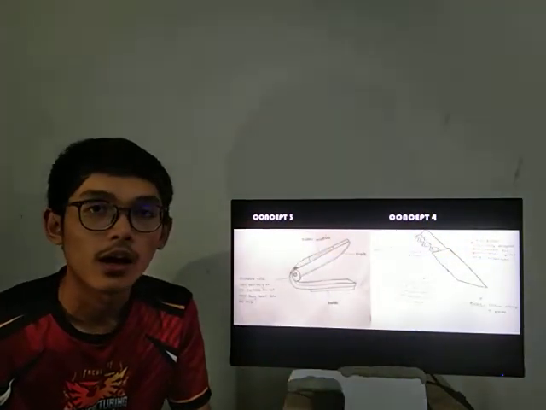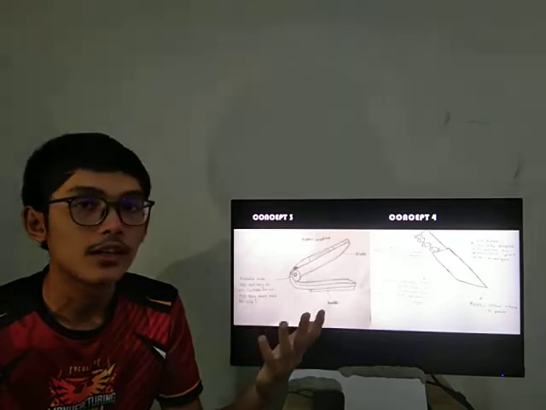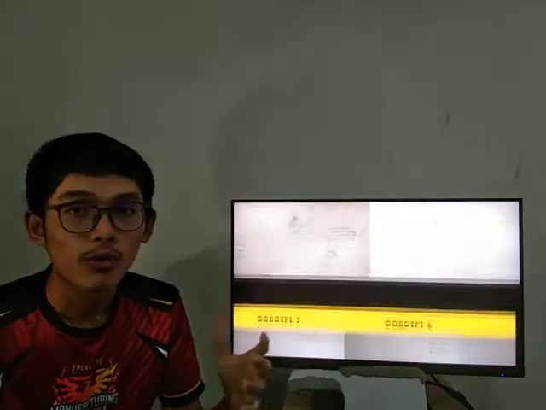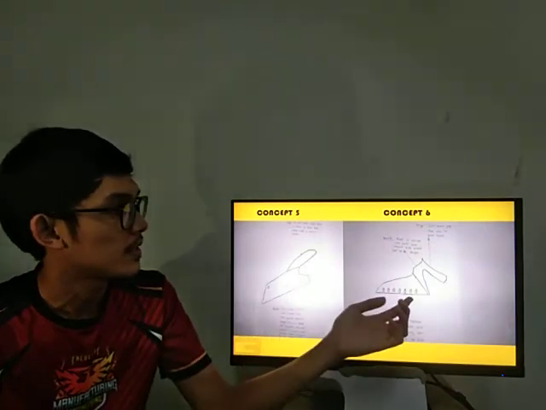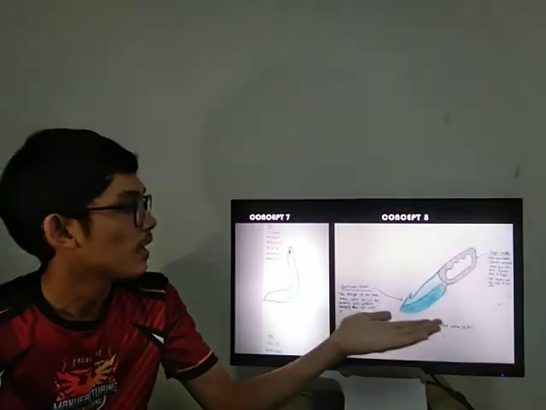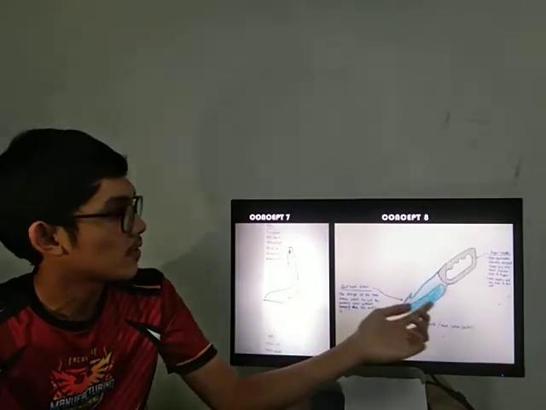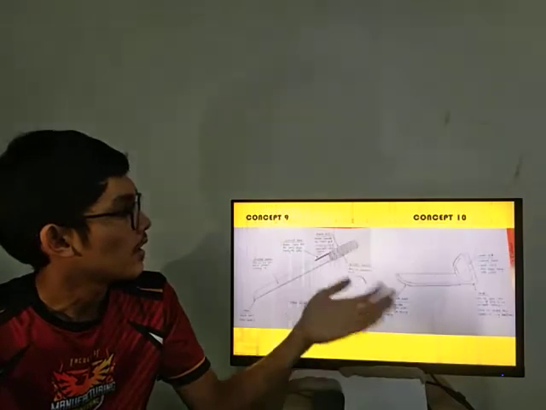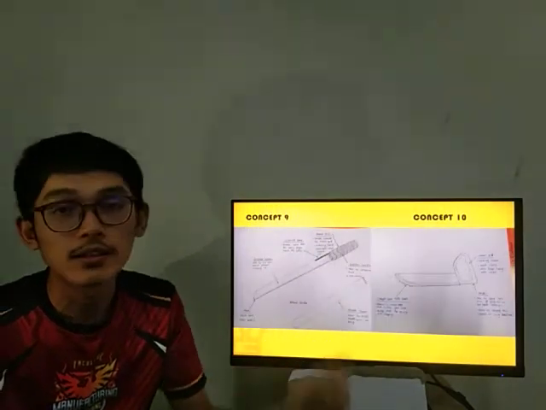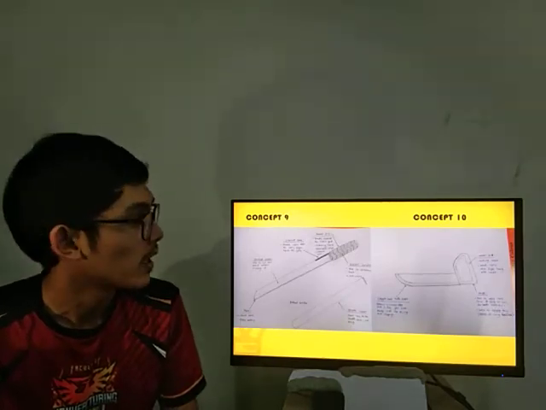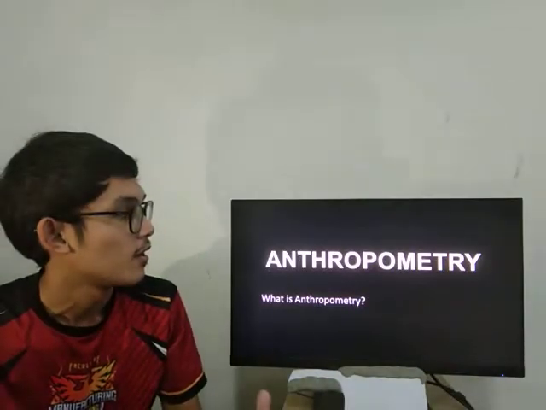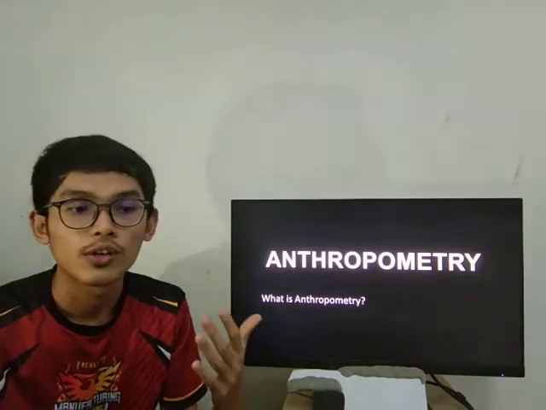We sketched different designs for our product. This is concept 5, concept 6, concept 7, concept 8, then concept 9, and lastly concept 10. So there are 10 concepts for our product, the knife, and then we are going to look at anthropometry.